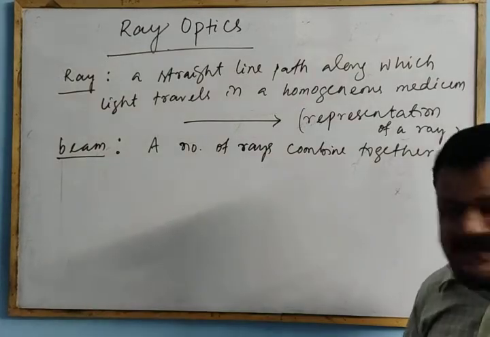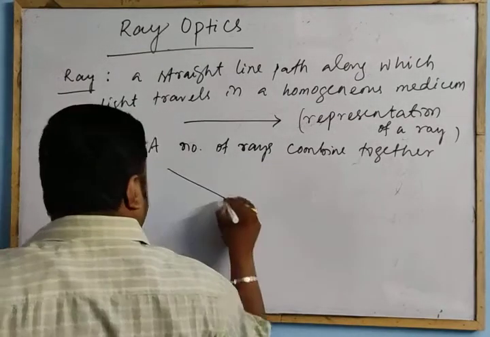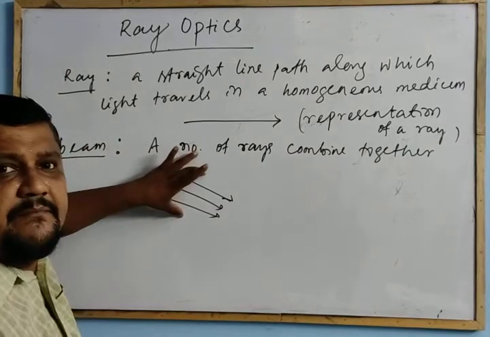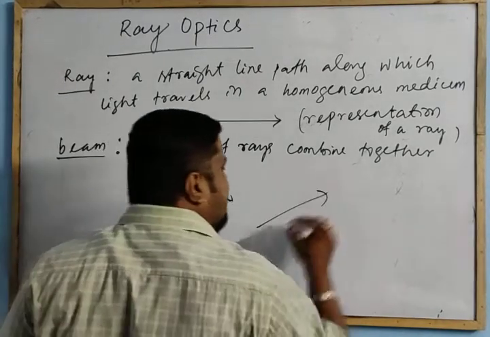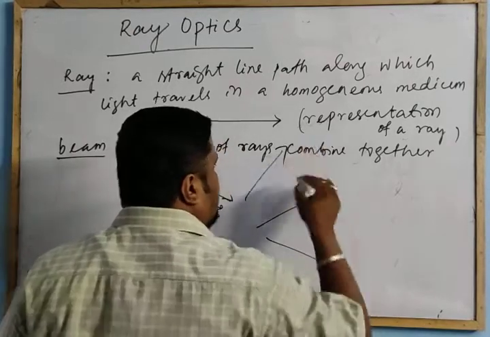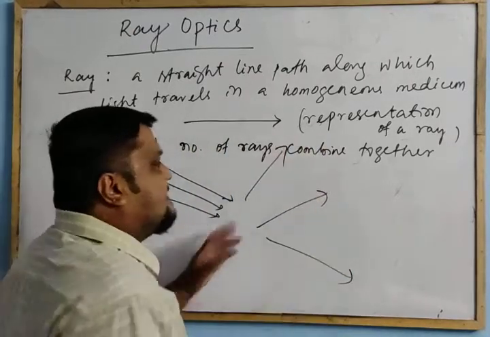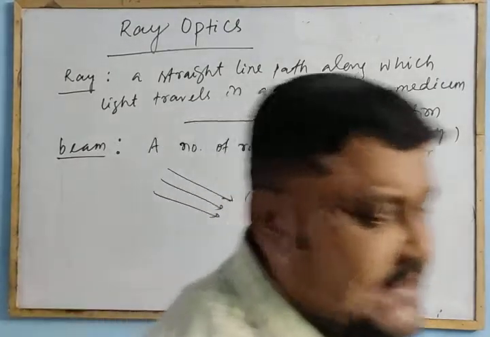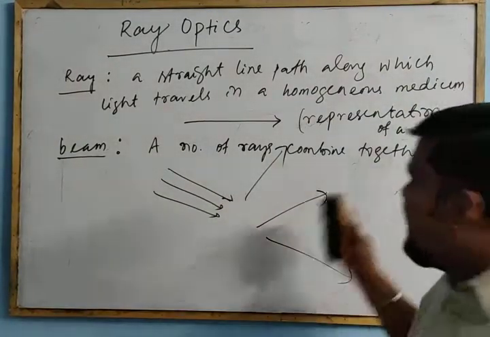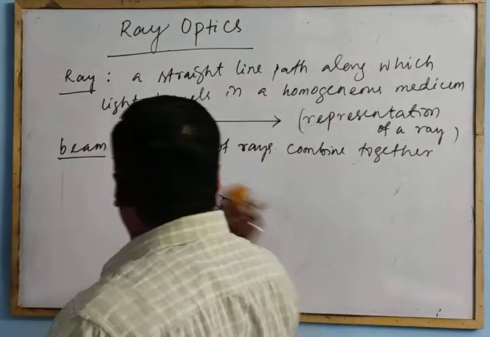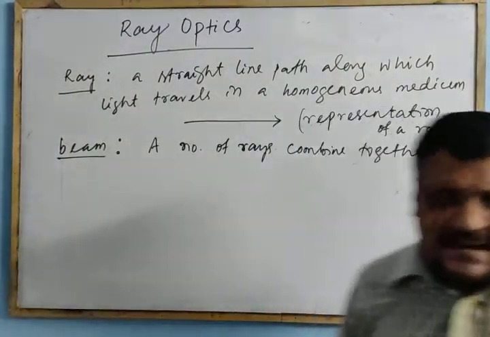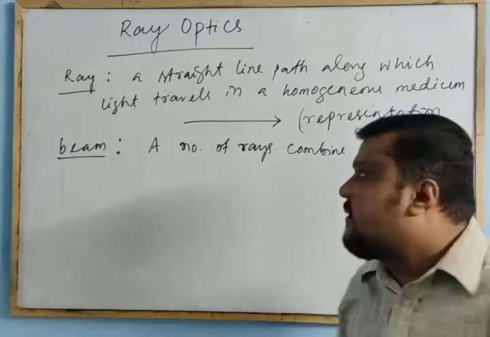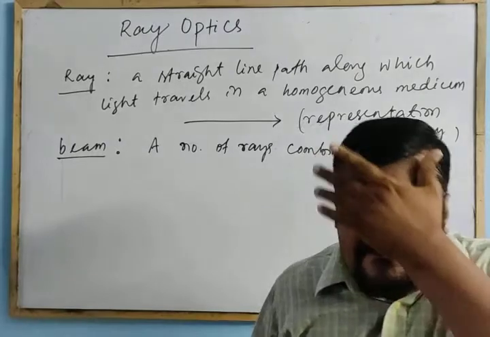A number of rays means there are many rays combined together, like this, or it may be like this. This combined together is called a beam, and an individual one is a ray. Similarly, a collection of beams is also called a pencil.